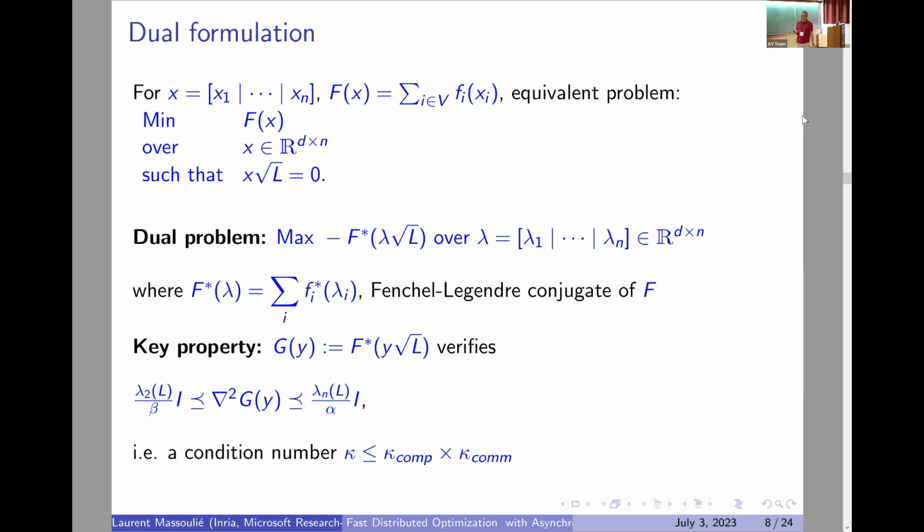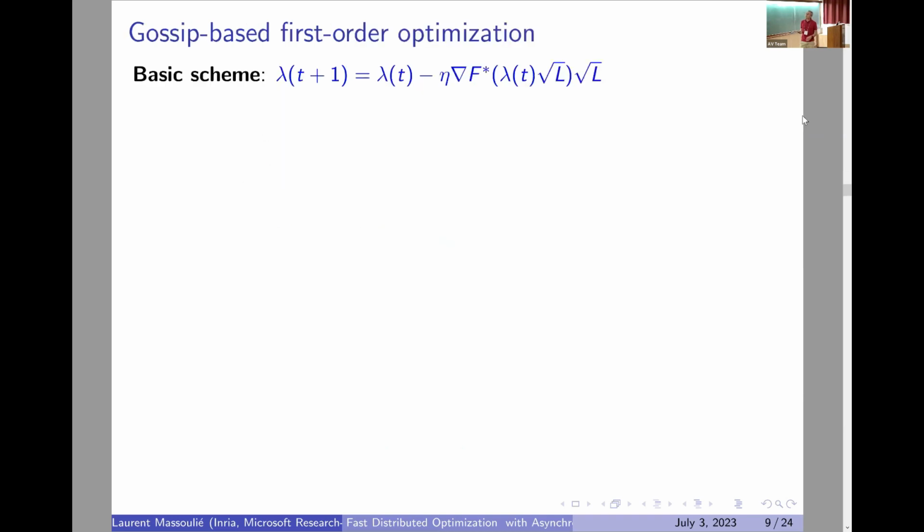As follows: if I call G the function I'm trying to minimize here, f star of y square root L, then a bit of analysis shows that the condition number of this matrix, the ratio of the largest and smallest eigenvalues of the Hessian, is upper bounded by kappa comp times kappa com, the two condition numbers for computation and communication I was considering. So we have a good handle on the hardness of this dual problem. And now let's see how to solve that.